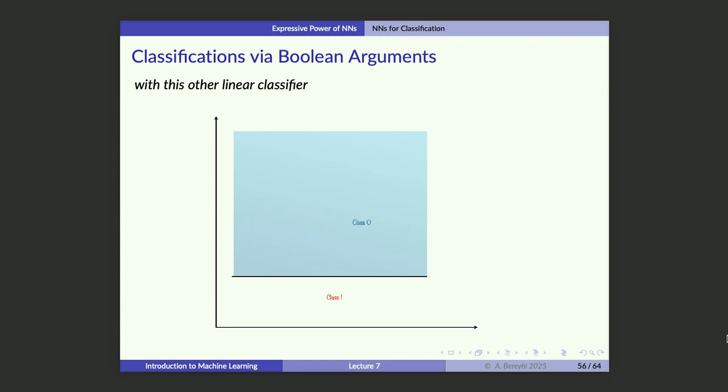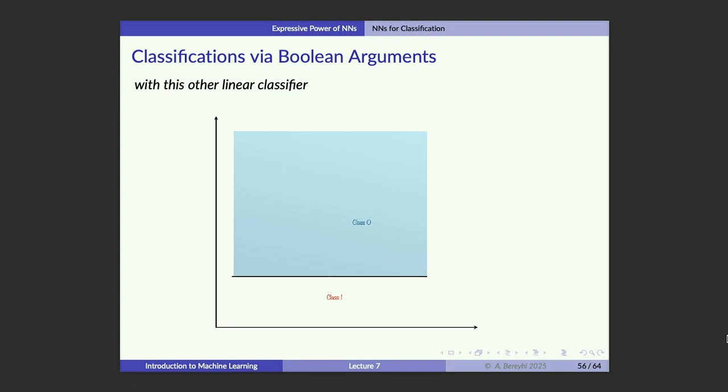So if I give you any complicated region, for instance, not like this, but something like this. Say I have this region, and then this other region here. Anything inside these two regions is 0, anything outside is 1. It doesn't matter. It's one classifier, one classifier, one classifier, one classifier, all of them linear, and then I combine them by Boolean arguments.